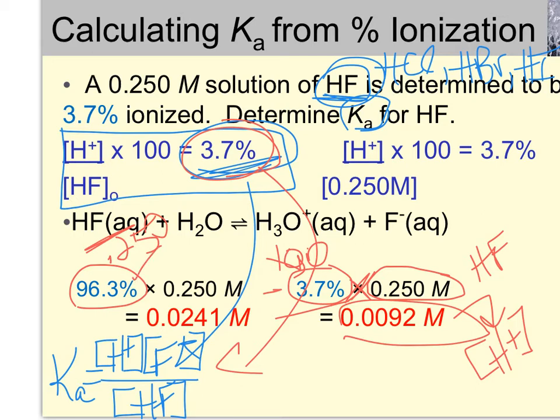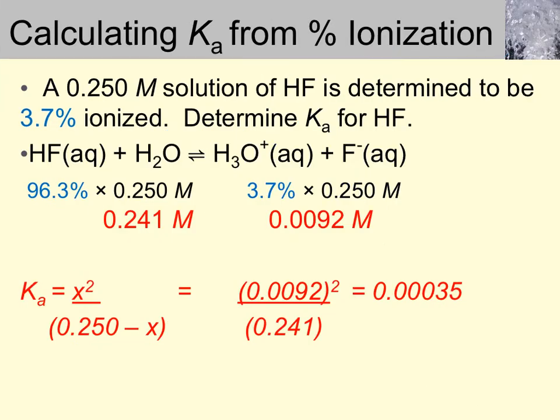So 96.3% times the original concentration of hydrofluoric acid gives you an equilibrium concentration of hydrofluoric acid of 0.0241. So the bottom line is you're going to use your percentages to determine equilibrium concentrations. So let's look at what we get on the next page.